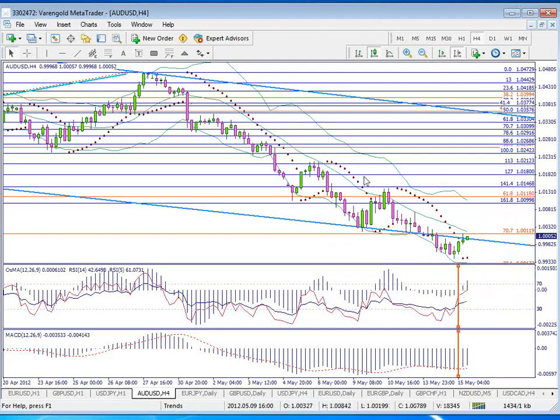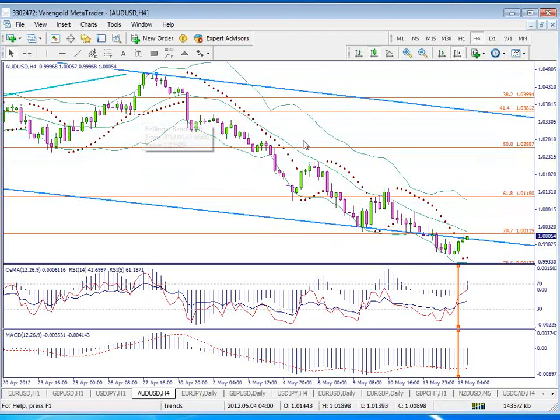Anyway, in this situation, I think that we can look very soon for one move into the up direction. In this moment, I have just to put the Fibonacci.